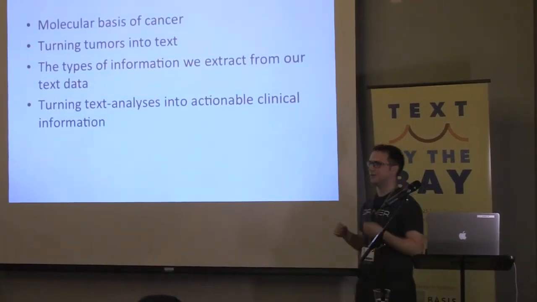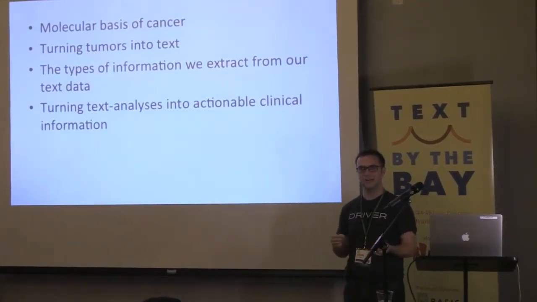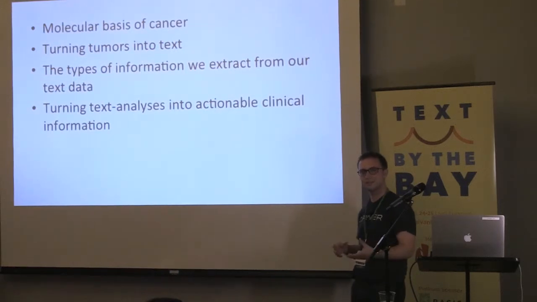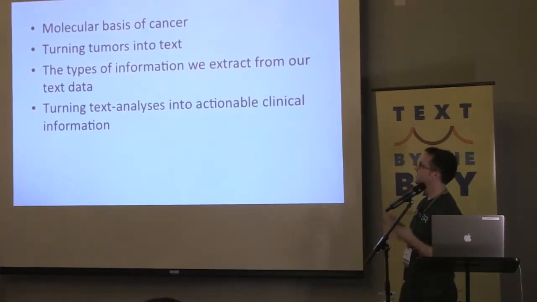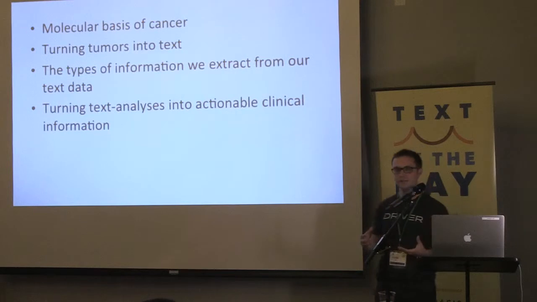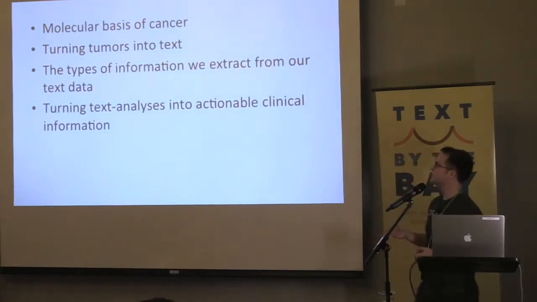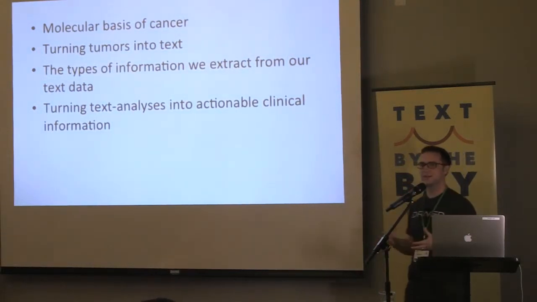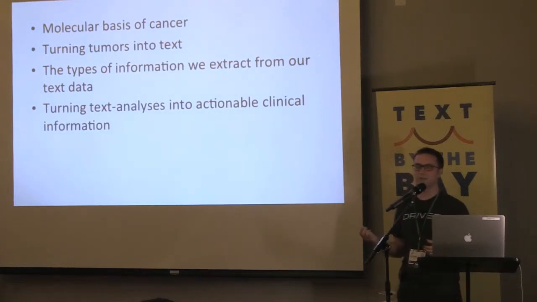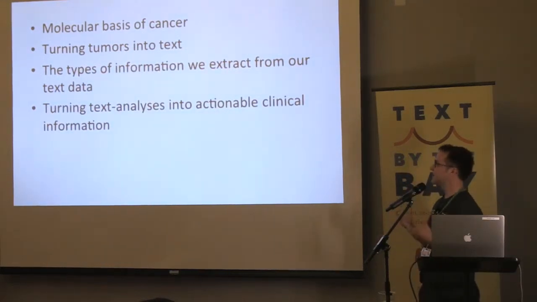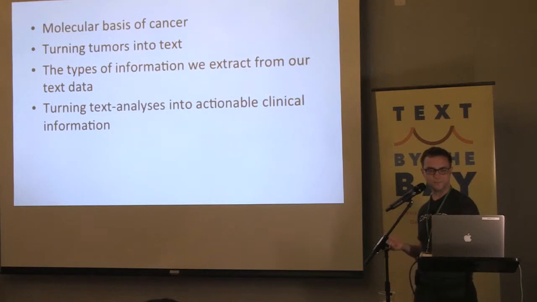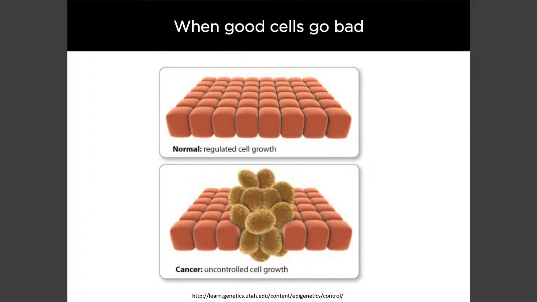And then I'm going to talk about how we actually turn tumors into text and what that text looks like and what that text means. And then the different types of information that we extract from this text. And then finally I'll get into a couple examples of how the field has turned this kind of text data into actionable clinical information.